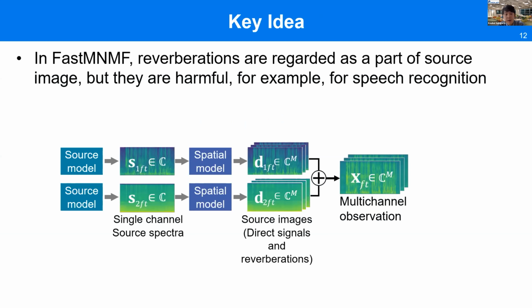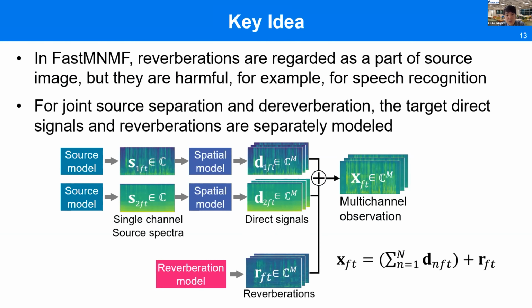In the original fast MNMF, reverberations are regarded as a part of source images, and the separated signals include reverberations. But the reverberations are harmful, for example, for speech recognition. So for joint source separation and de-reverberation, the target direct signals and reverberations are separately modeled.